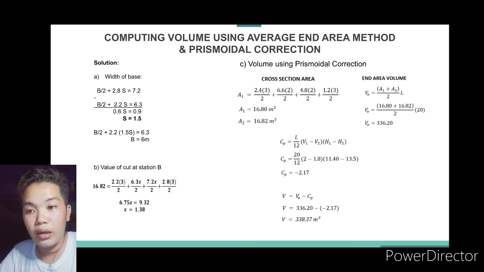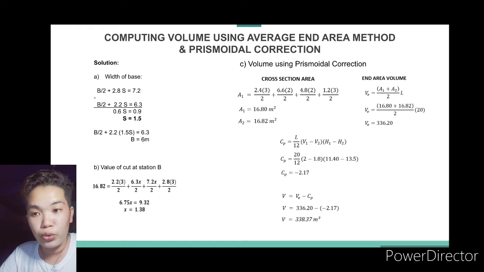So the length is equivalent to 20 all over 12, and the vertical distance for area 1 is equivalent to 2, and the vertical distance for area 2 is 1.8, and the horizontal distance for area 1 is 11.40, and the horizontal distance for area 2 is 13.5. So we arrive at the value of prismoidal correction equivalent to negative 2.17.